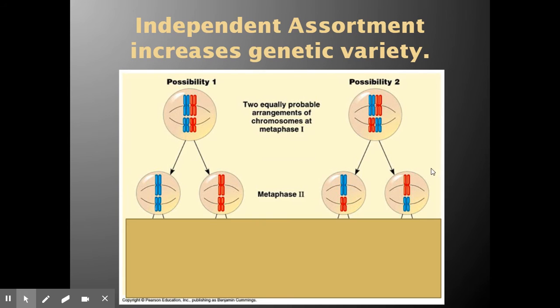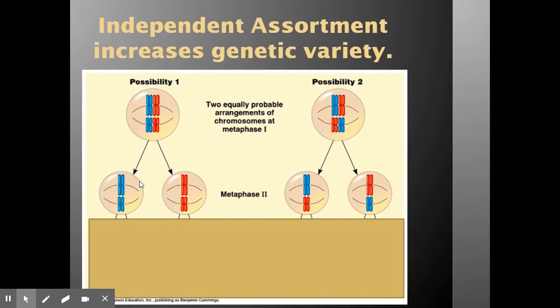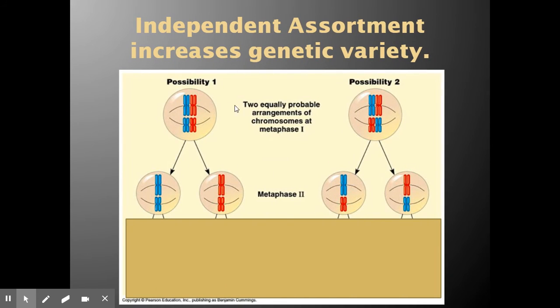Okay. And so this is metaphase 1. And then when we come back around for metaphase 2, we have something similar happening to get a different result. So right now we're just doing these possibilities, and then we'll end up with these later for metaphase 2. Okay, we'll come back to this in a second.